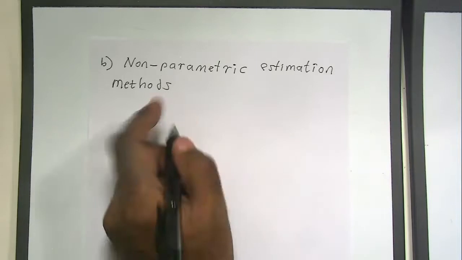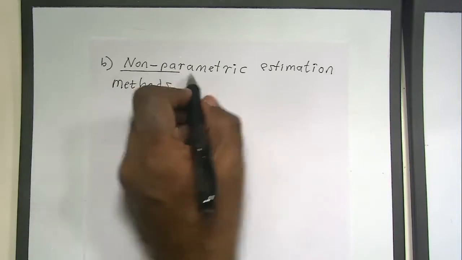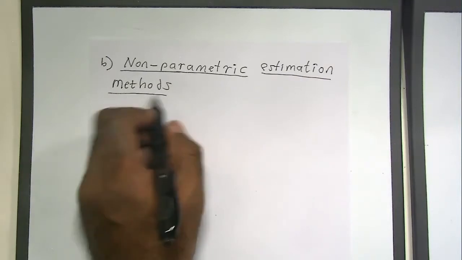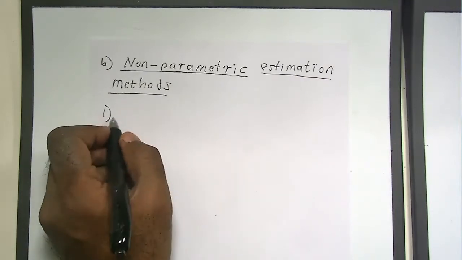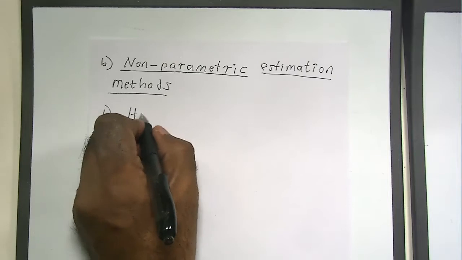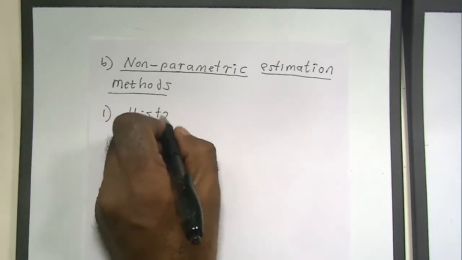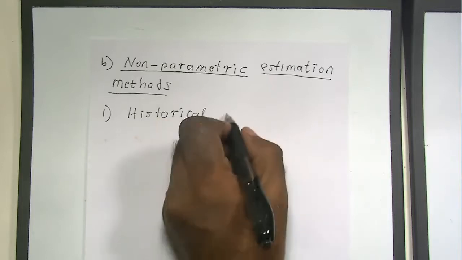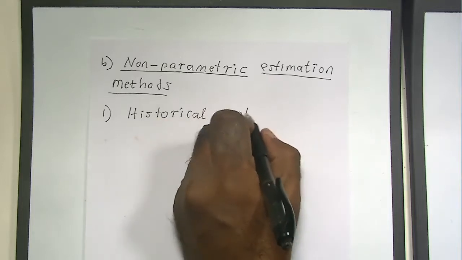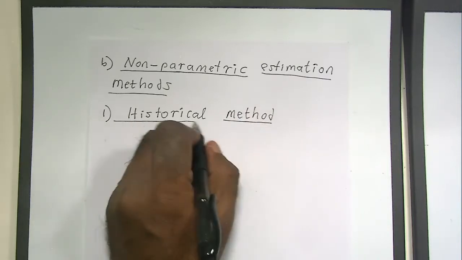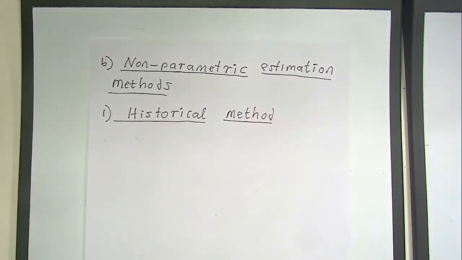Non-parametric estimation methods for what? Number one is known as the historical method.